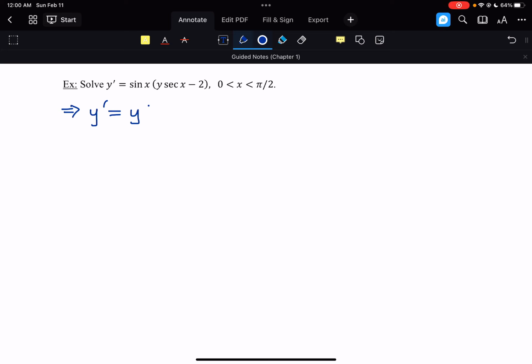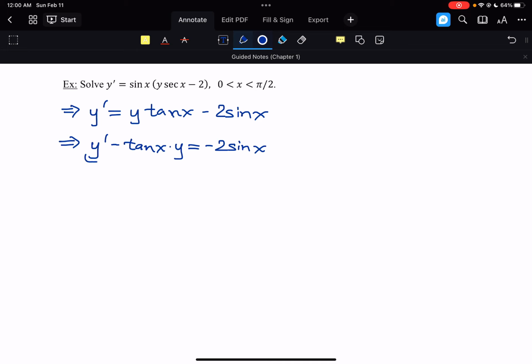So this becomes y times tangent of x, and then minus 2 sine of x. We're going to move this term over. So y prime minus tangent of x times y equals negative 2 sine of x.